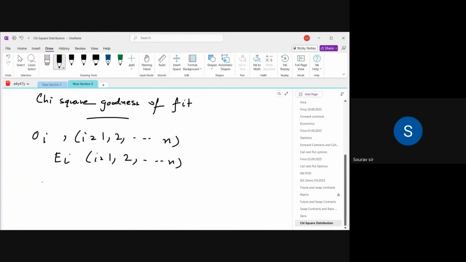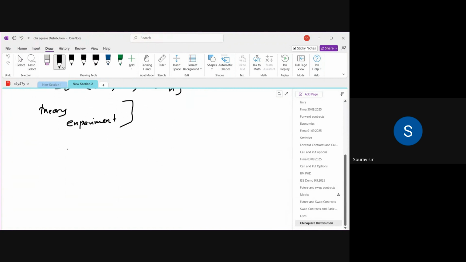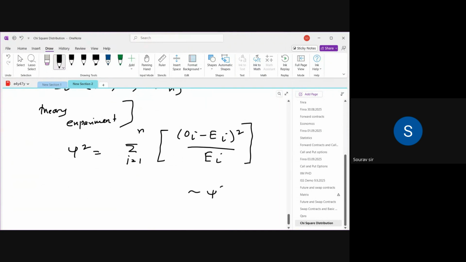Then under the null hypothesis that there is no significant difference between the theory and the experiment, Karl Pearson proved that the statistic summation of i equals 1 to n of (O_i minus E_i) squared by E_i follows chi-square with n minus 1 degrees of freedom.